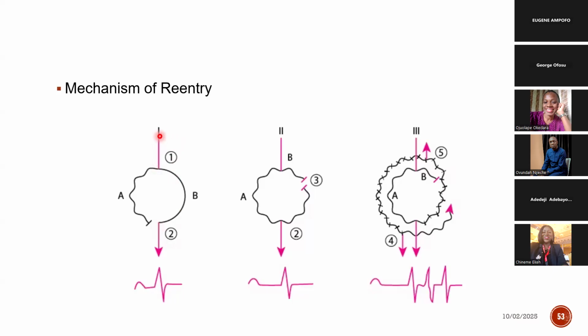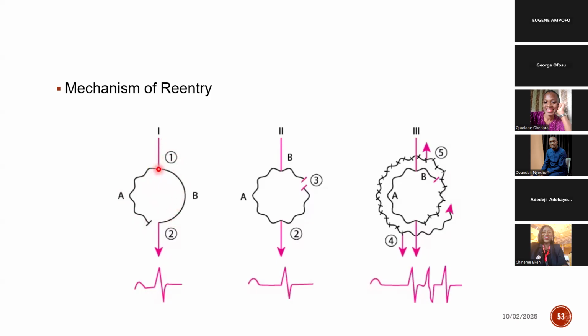If you have impulses coming from the top, where it's labeled as I, when it gets to this point, the impulse goes through both the slow and the fast pathway. The slow pathway has a shorter refractory period, while the fast pathway has a longer refractory period.